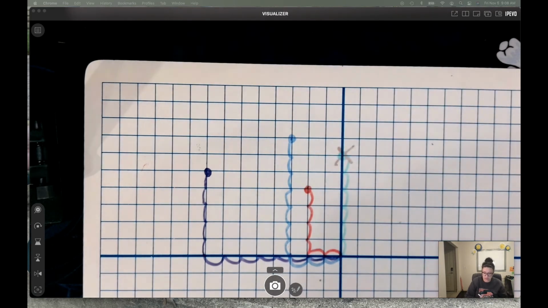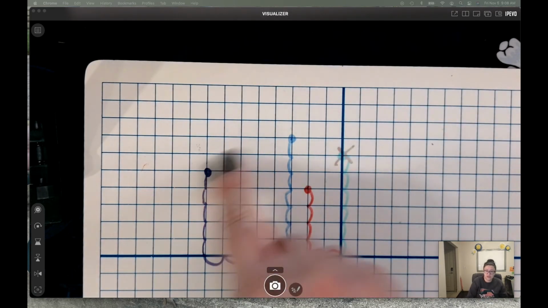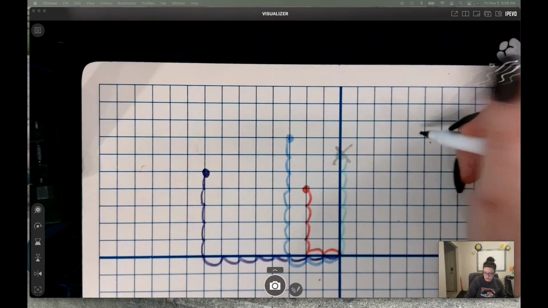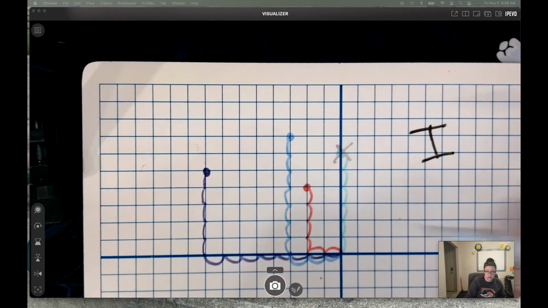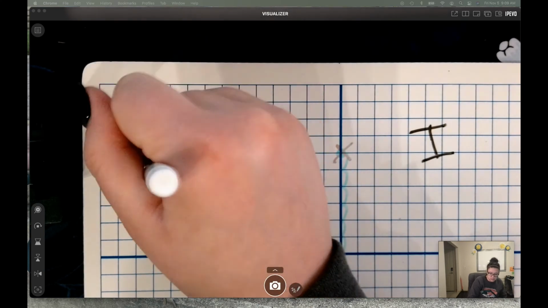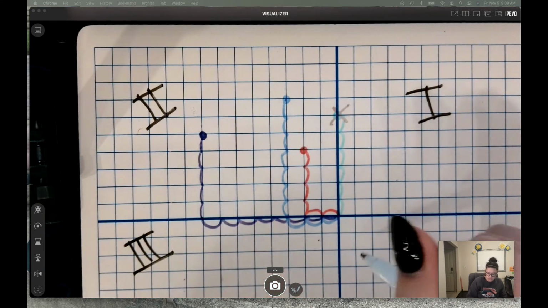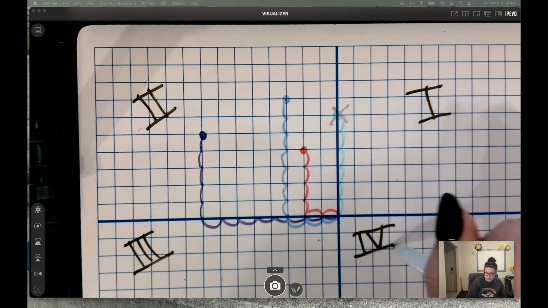What quadrant are all of these points in? Remember, this is quadrant 1. This is 2. Down here is 3. And over here is 4.